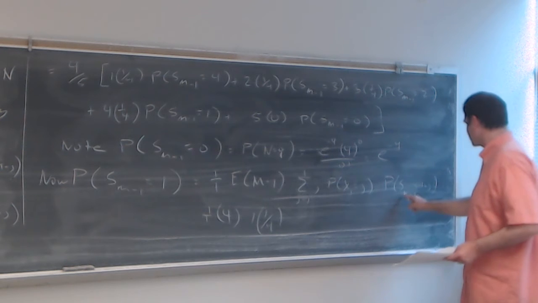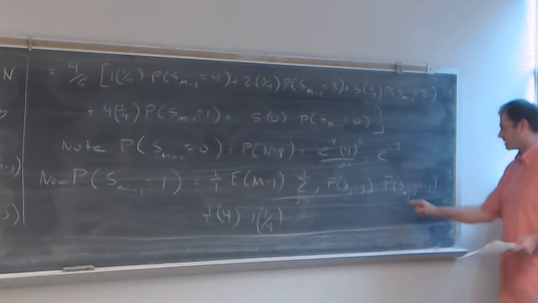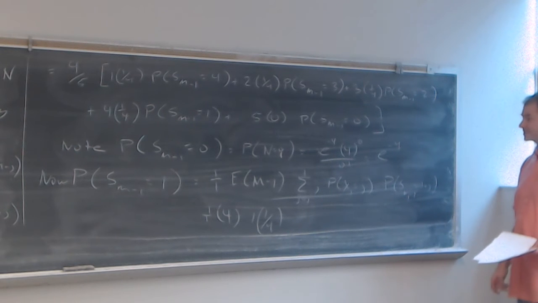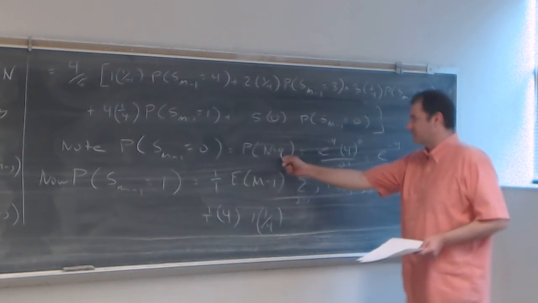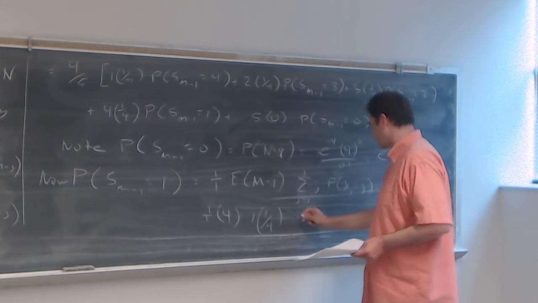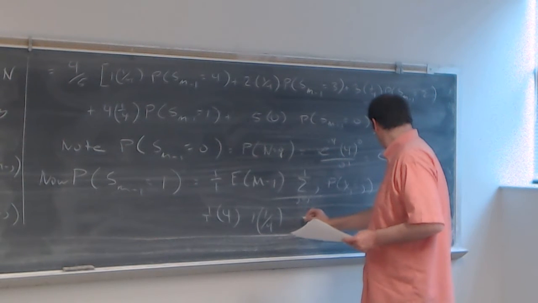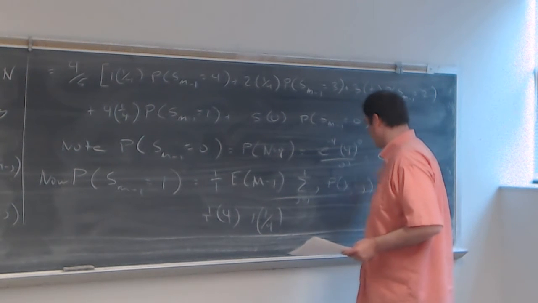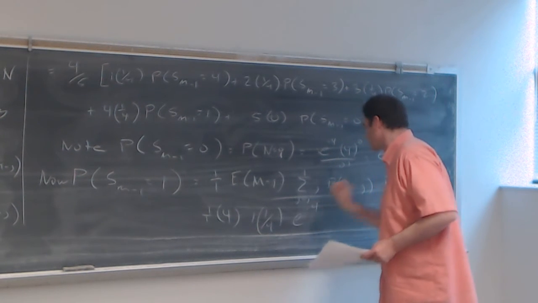And then the probability that S_{M_1-1} is equal to 0, well, M_1 minus 1 is still going to be a Poisson random variable. It's still going to be a Poisson random variable with parameter lambda. And it ends up being the same thing as we have here. So I just get 4. So its parameter is 4. So I get the answer that I have here, e to the minus 4.